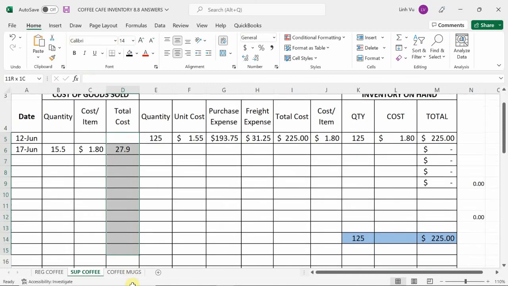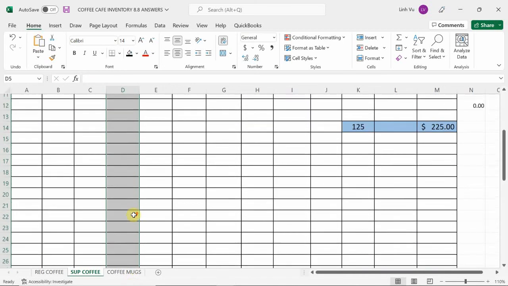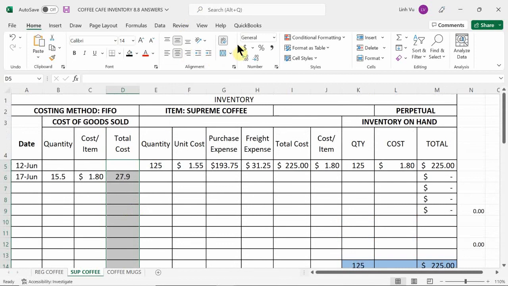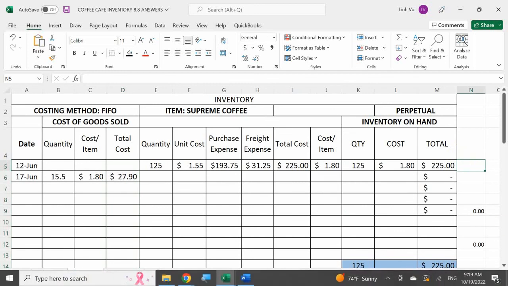$27.90 is correct. So then, what do I need to do? How do I update my inventory? You're going to subtract 15 and a half, okay, from the 125.